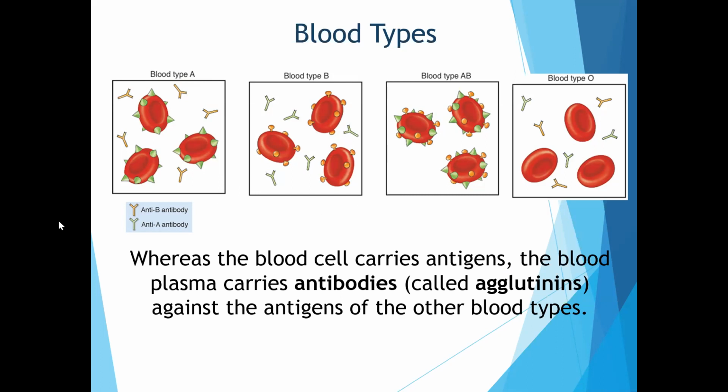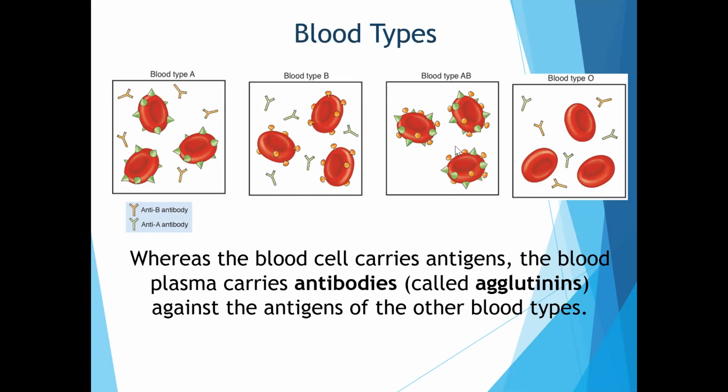So, for example, blood type A, the red blood cells have an A antigen, and their antibody is an anti-B antibody. So they're fine with the A's, but they would not be happy with B's. Vice versa, blood type B has the B antigen, but the anti-A antibody. So they're happy with B's, would not be happy with A's.